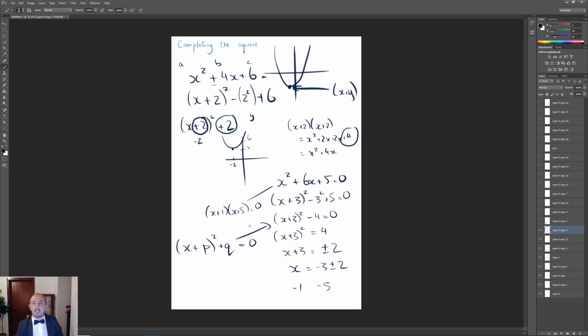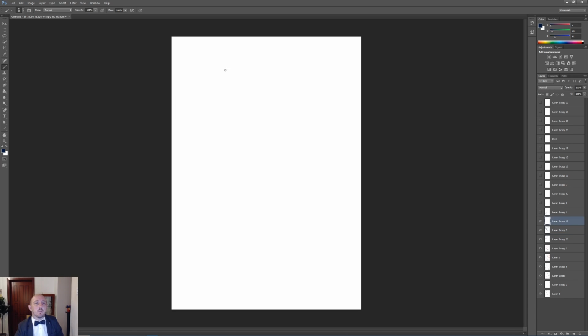Okay, now what we have to do for the higher levels is to deal with what happens if I have 2x squared plus 12x plus 9. Okay, because I have to have it in the x squared as opposed to the 2x squared. So I have to factor out a 2 from everything first.